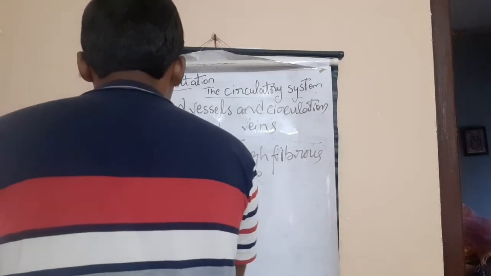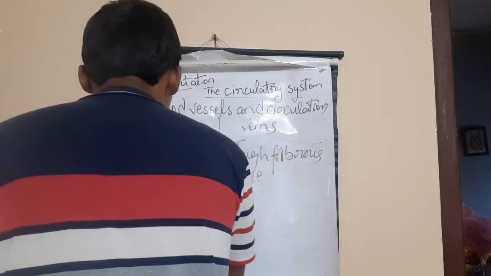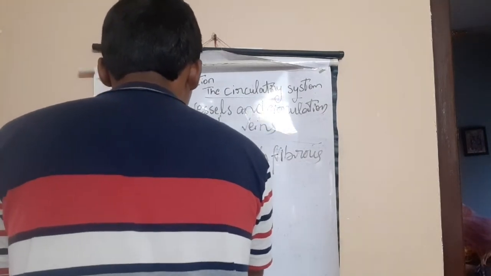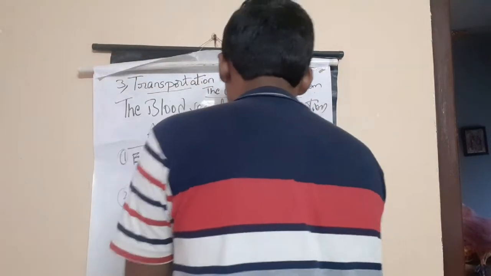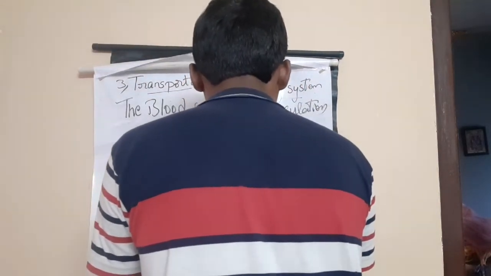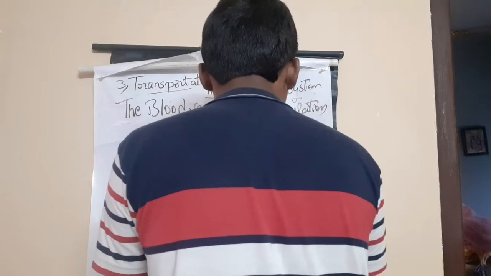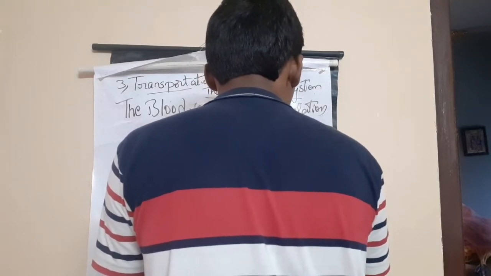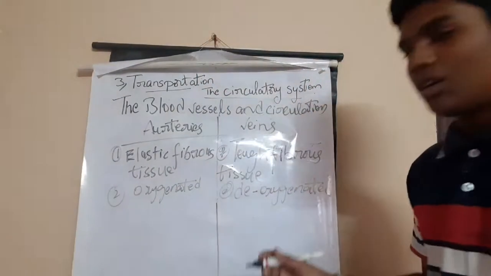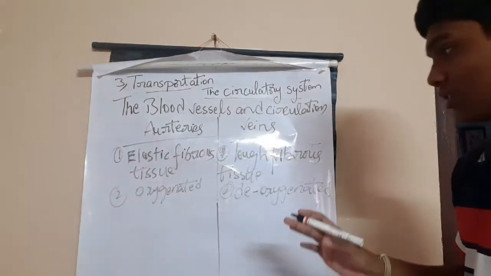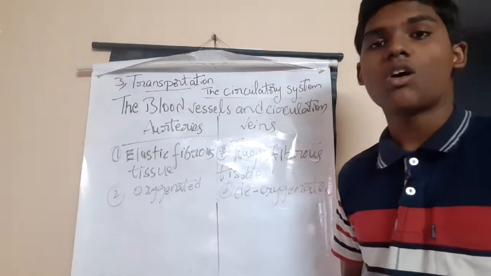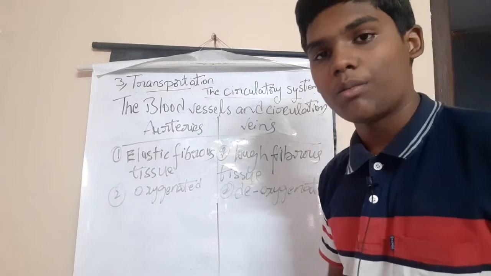Arteries carry oxygenated blood except the pulmonary artery. Veins carry deoxygenated blood except the pulmonary vein. So this is a difference which does not include the pulmonary artery and pulmonary vein.